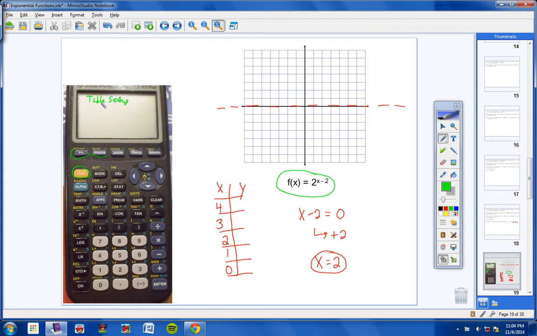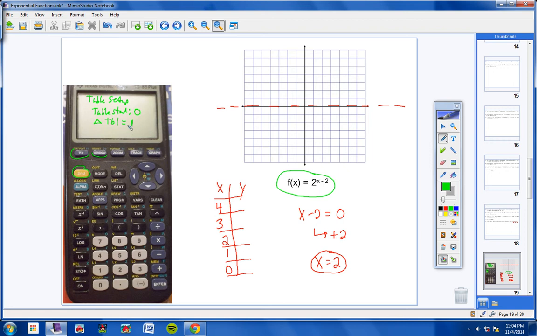And then it should say table start. And you probably want to start your table at 0. So I would make that as 0, okay? And then next, you're going to see a little triangle, and then TBL. You want to make this a 1. What that means is you want your table of values to go in increments of 1.